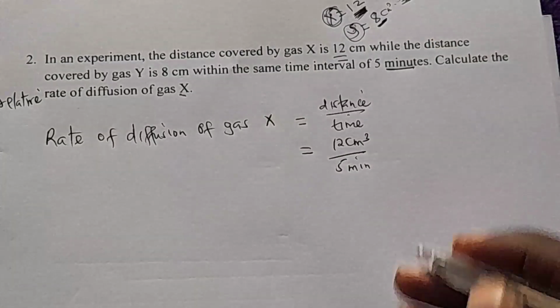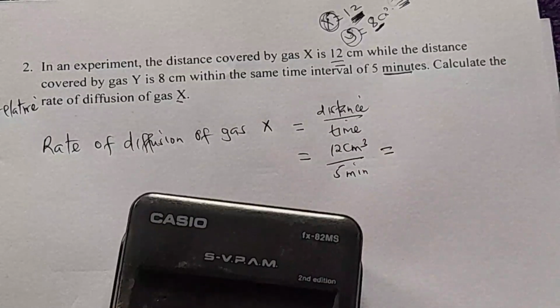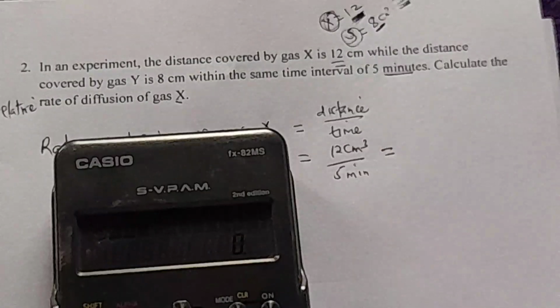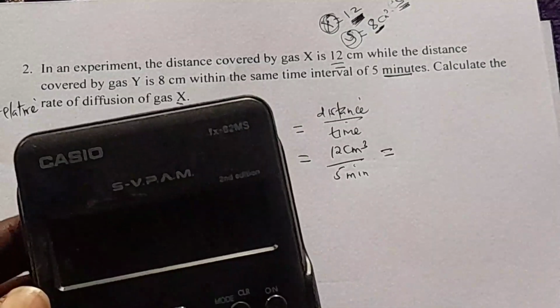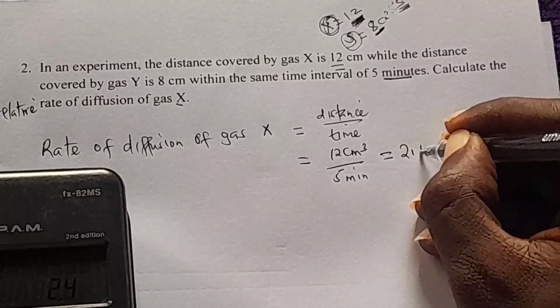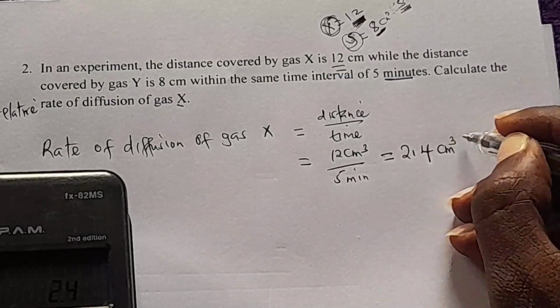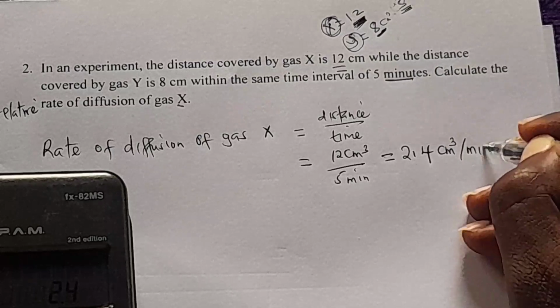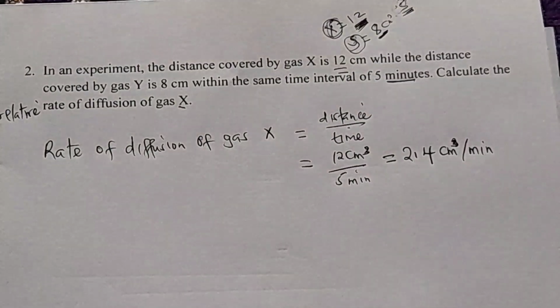So 12 divided by 5, we are going to get 2.4. What is the unit? It will be centimeter per minute, because here we have distance, not volume.